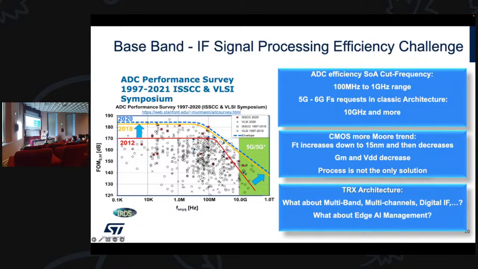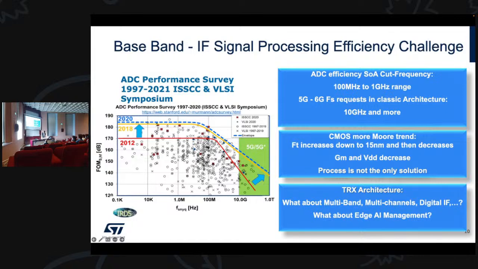So the first question is how to work with these constraints. And you can see the evolution at high frequency is not so important. Whatever you design in ADCs and DACs, whatever the technologies, you have this limit. So you can do sampling at 10 giga, 50 giga, and so on.